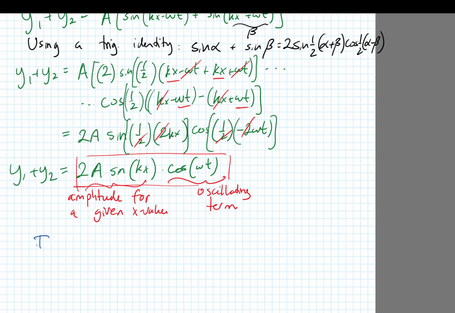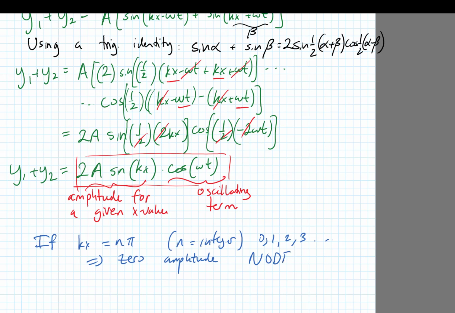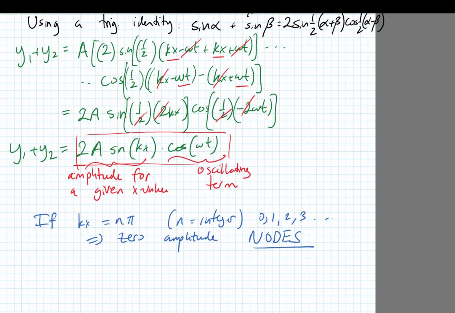For example, if the term inside the sine function, kx, is some integer value of pi, again n is an integer, i.e. 0, 1, 2, 3, etc., then what we get is a term that has 0 amplitude in the amplitude term. And these have a special name for standing waves. These are called nodes, where we have 0 amplitude.